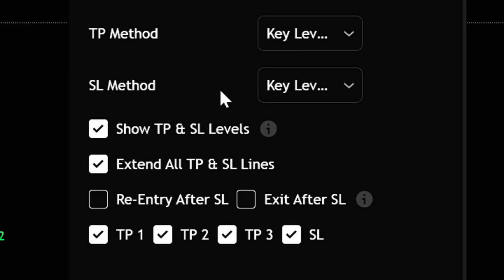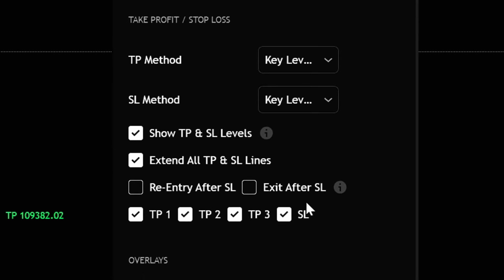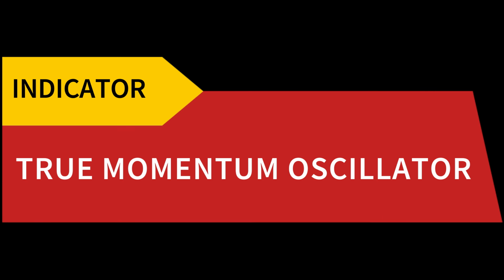Now, like with any system, it's really important to trade with the main market trend, not against it. For that, we're gonna use the True Momentum Oscillator.